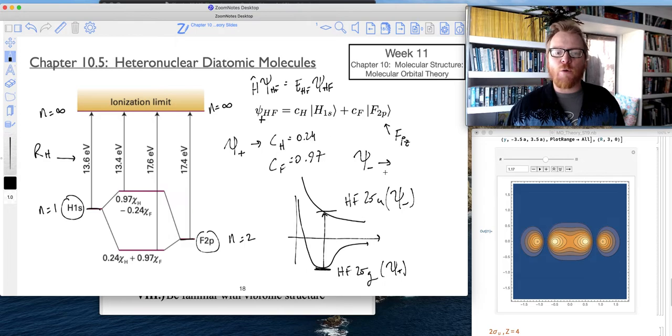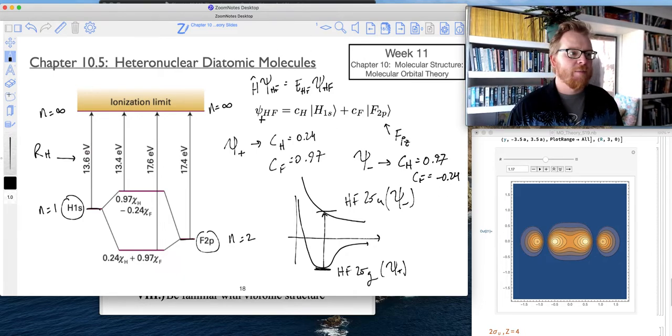But you can see that when we solve the psi minus, the coefficients get switched, which is kind of cool. So now in the anti-bonding state, the hydrogen contributes the most, whereas the fluorine contributes the least. Actually, I could say that's still positive 0.24; it's just minus the wave function.